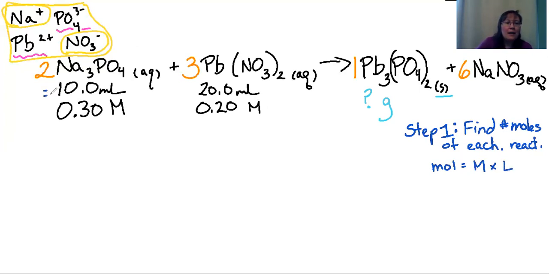So I need to change this 10 mL to 0.0100 liters, and this 20 mL to 0.0200 liters. Now I can find my number of moles using this equation.